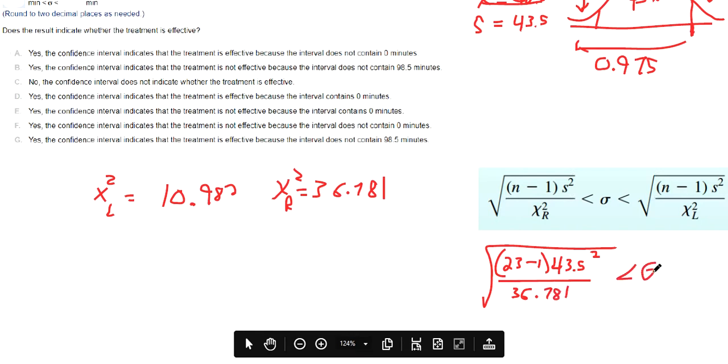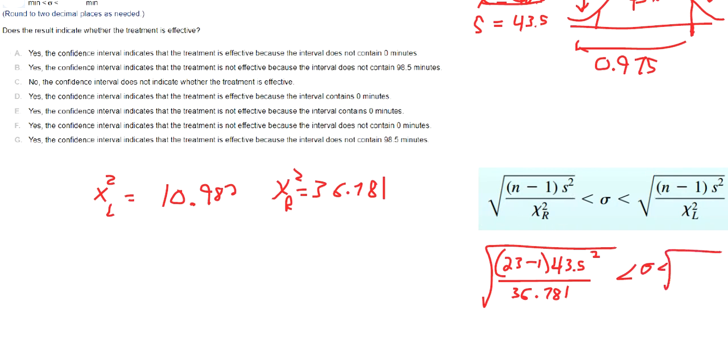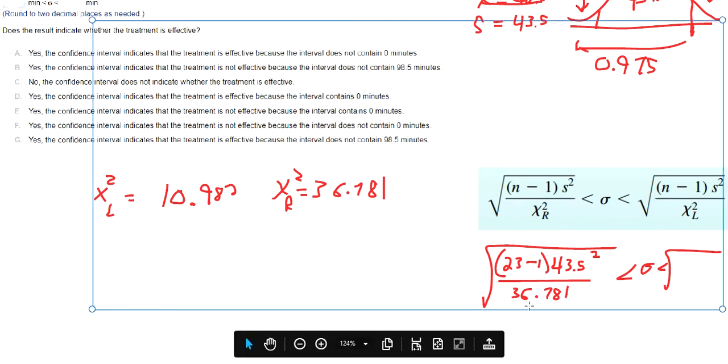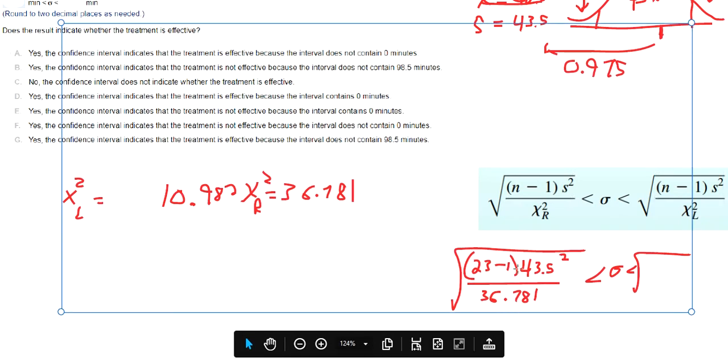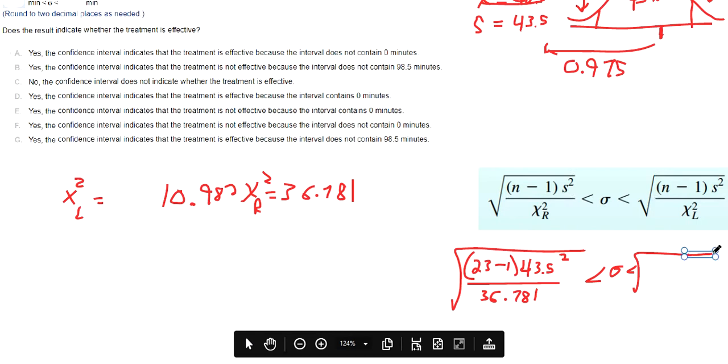It's going to be less than sigma, which is our population standard deviation that we're trying to estimate, which is less than or equal to 23 minus 1 times 43.5 squared over chi-squared sub l, which is 10.982.